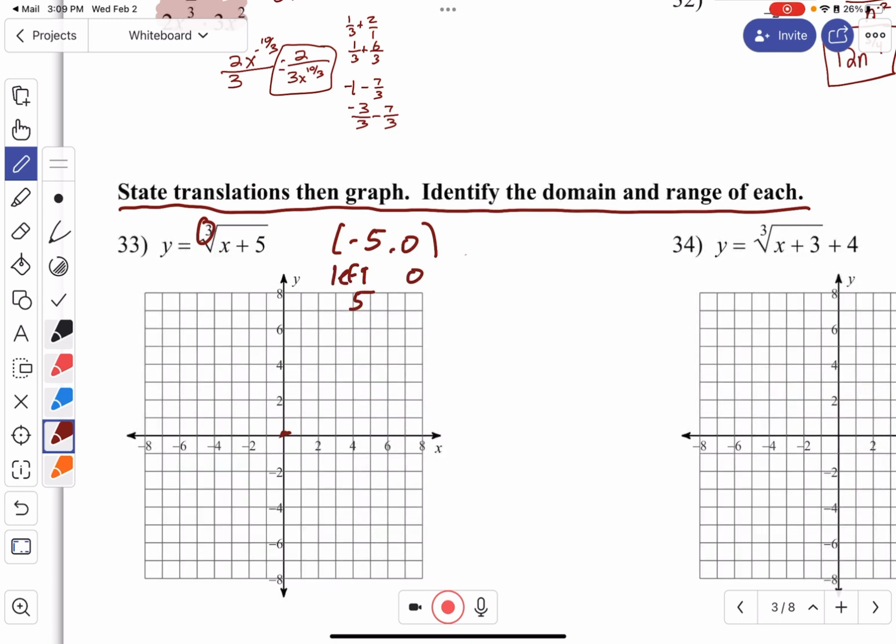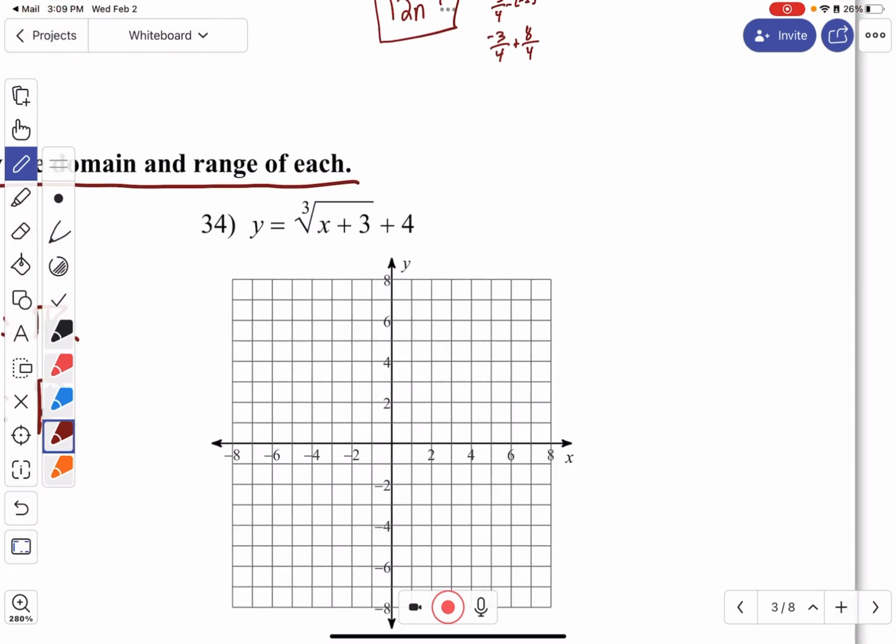Remember, it's the opposite of what's underneath the radical. So left 5, that's going to be kind of our starting point. And because it's cubic, it's going to go like that and like that. And anytime you have a cubic, the domain is all reals, and the range is all reals.